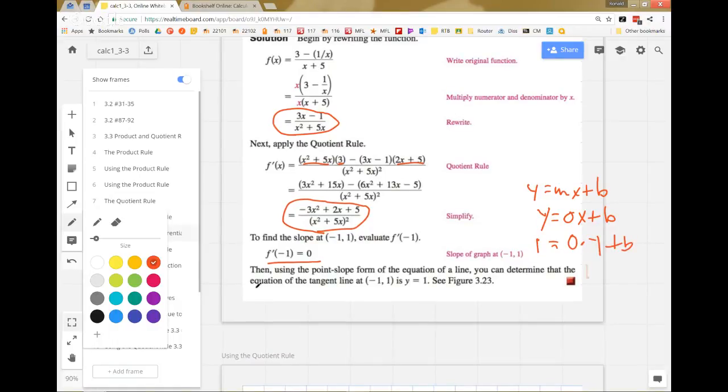And you have 1 equals 0 plus b. So b is 1. Slope is 0. So you can write 0x plus 1 or just y equals 1. So I still recommend, instead of using the point slope form like the book does, I would use the slope intercept form. Same result.